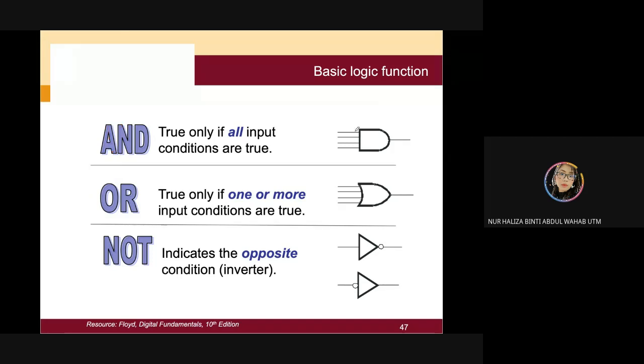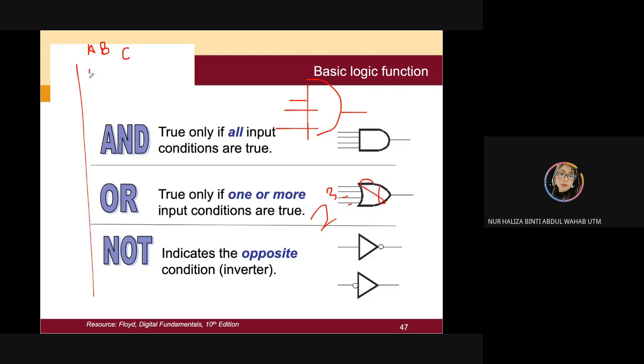Let's say you have 3 inputs, what will your table look like? You're going to have A, B, and C. So 2 to the power of 3, you will get 8 possibilities.